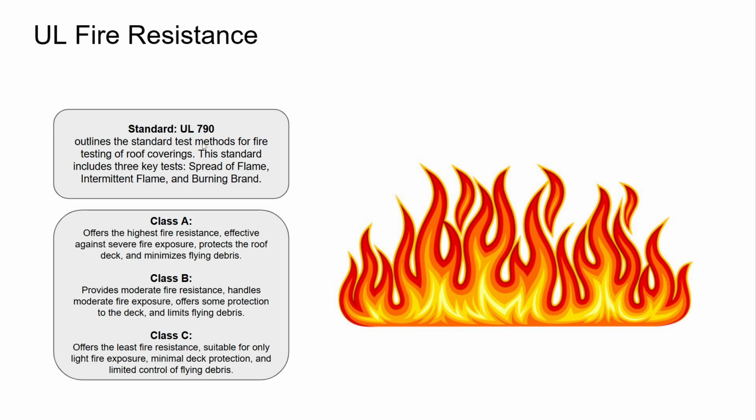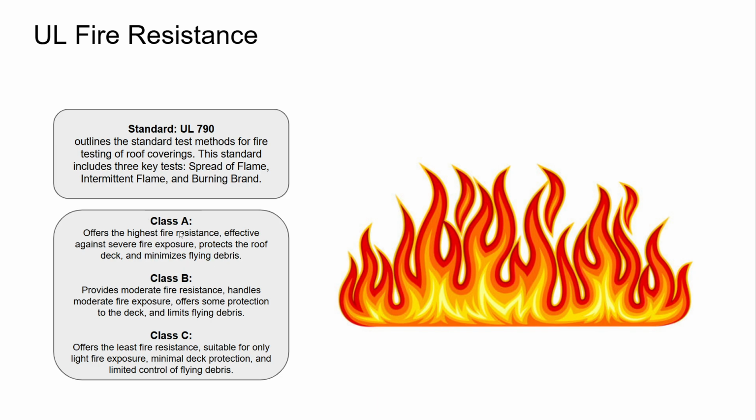UL 790 is a fire test for roof coverings. And there's 3 sub-tests: spread of flame, intermittent flame, and burning brand. That's like a tree branch falling on your roof. Okay, so class A is the highest.